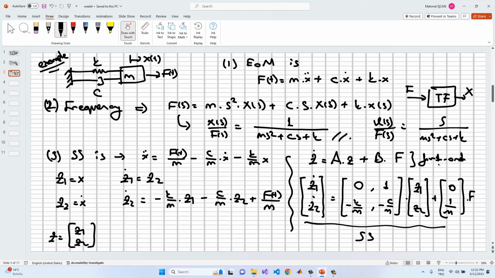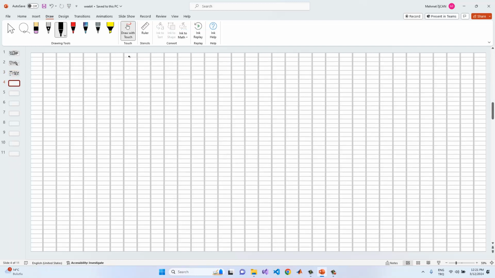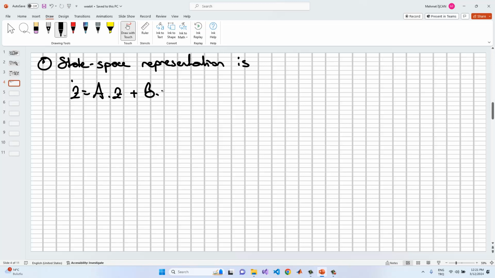If you don't have any question, then we can give the general definition of these terms. The state space representation is z dot equals Az plus Bu in general terms.